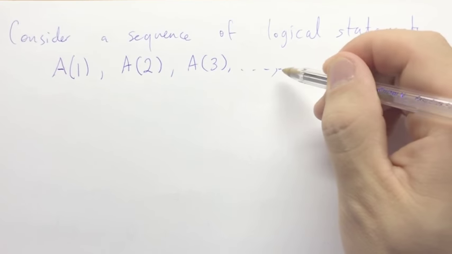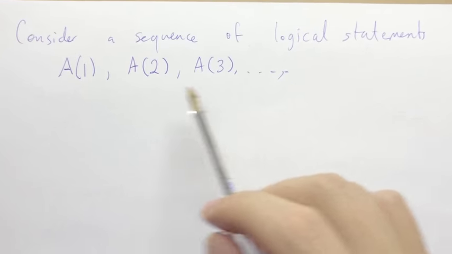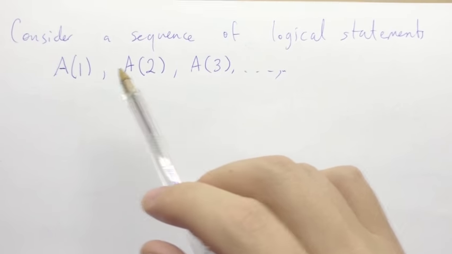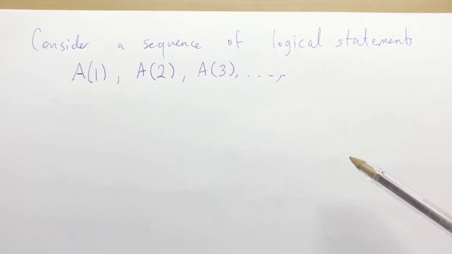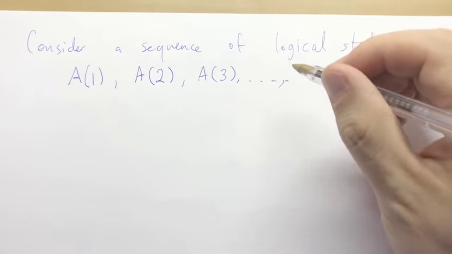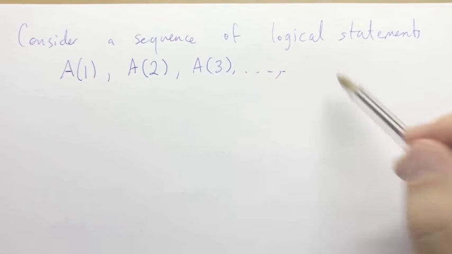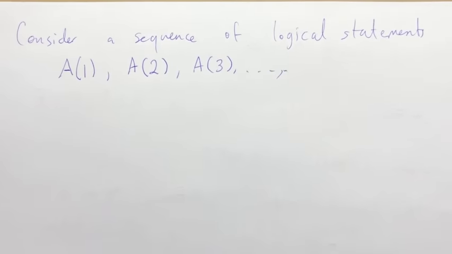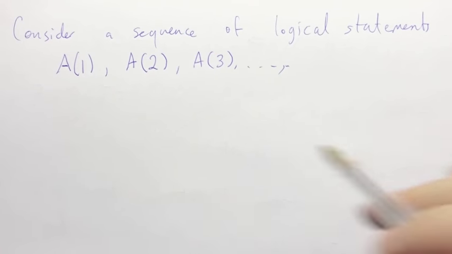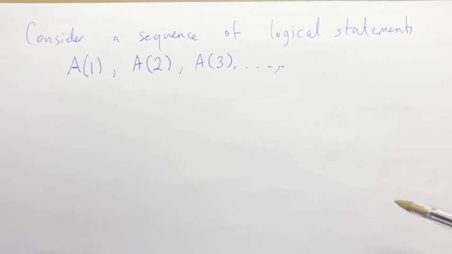So we have one statement for each whole number greater than or equal to 1. After a while you might have A200, but you always have one more. So we have an infinite sequence of logical statements.